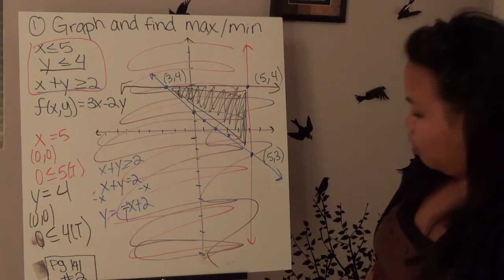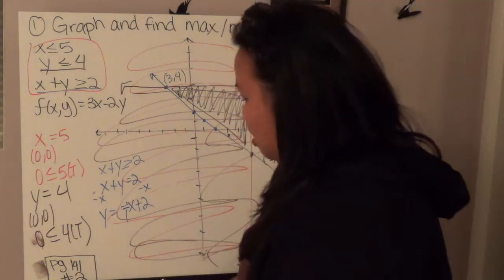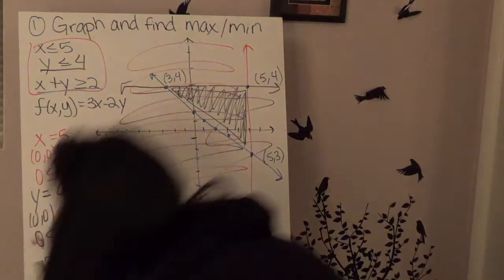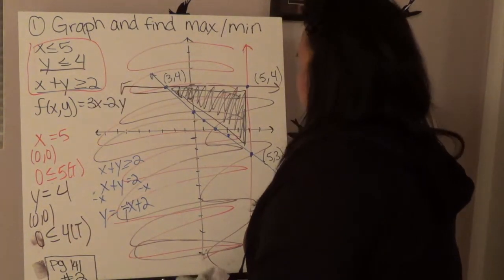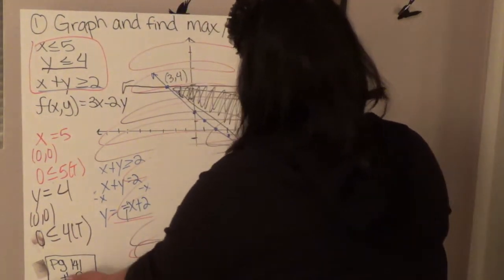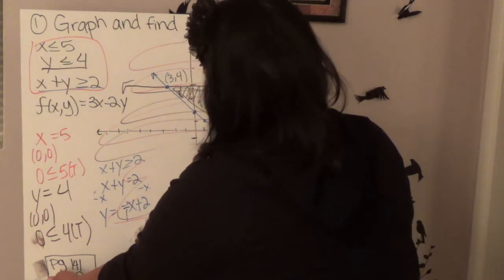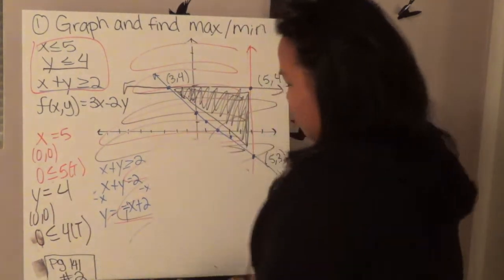Okay? I'm going to erase so that you can see how to find the maximum and the minimum. Let's find the maximum and minimum right here. Okay? So our answer is right there.